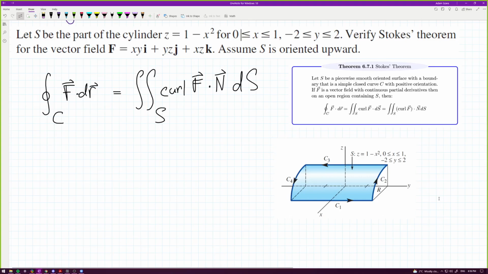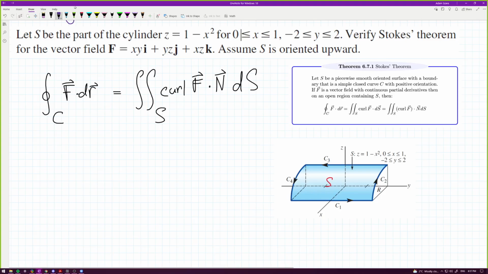It's piecewise smooth, which means you can break it up into smooth components, 4 of them. We are going to want to define those. So we'll make 4 parametric equations, and then from there, we'll just do the line integral over them. Or we can use Stokes theorem to tell us that this is equal to the curl of F dotted with n, the surface integral of that over the surface. That's that whole surface, the blue thing there, that's all S. So we'll do that.